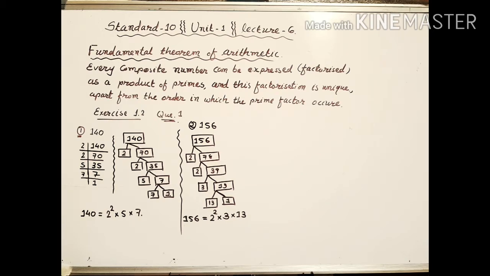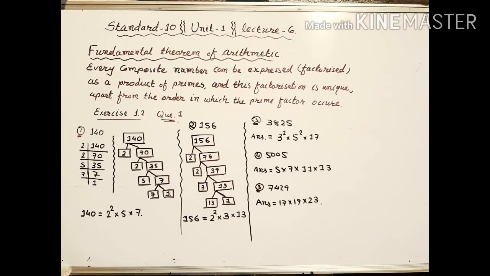So total factors are 2 square into 3 into 13. And the answers of the next 3 sums are written here, and you will solve and find whether the answers are right or wrong.